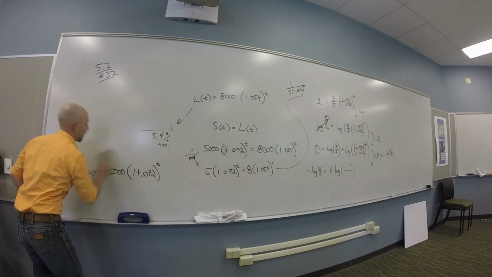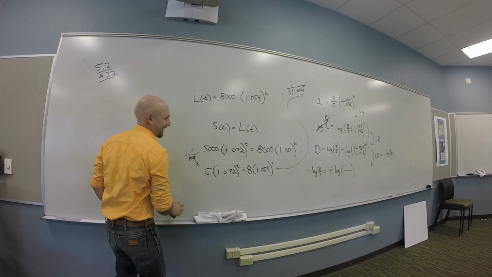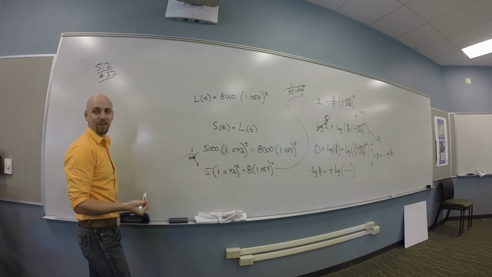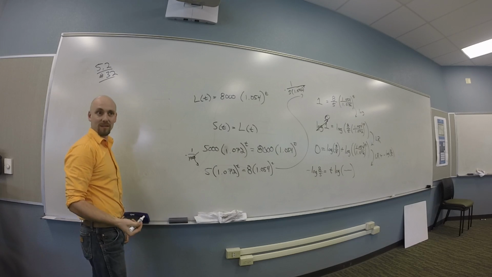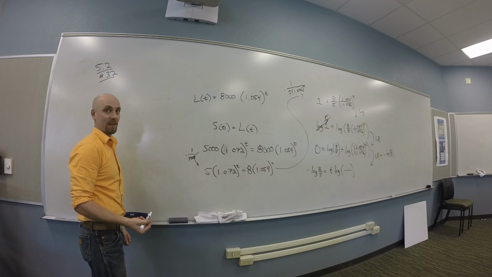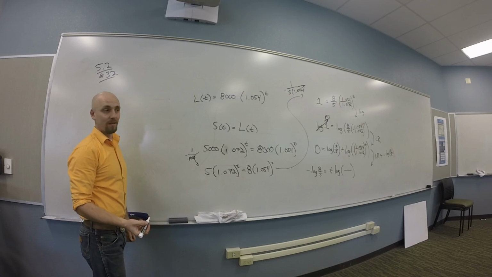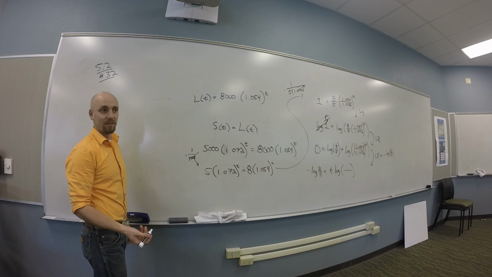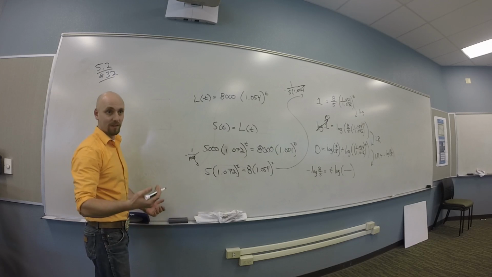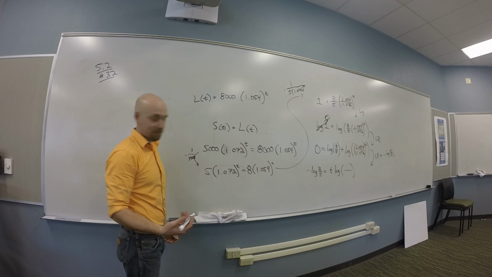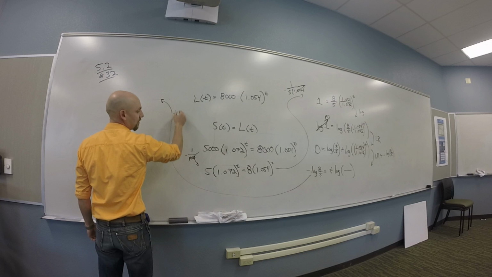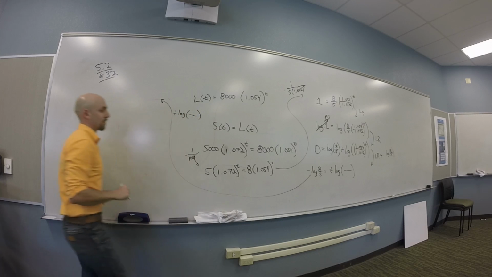Then you take solace in the fact that you dedicated your life to this. I know that log of that number is specifically not 0. Why do I care that it's not 0? Because I want the t by itself, so I'm going to divide both sides by it. It would be bad if that was 0.